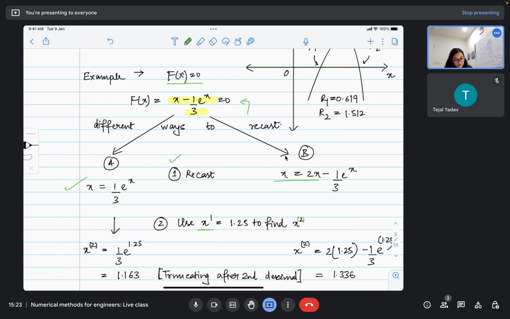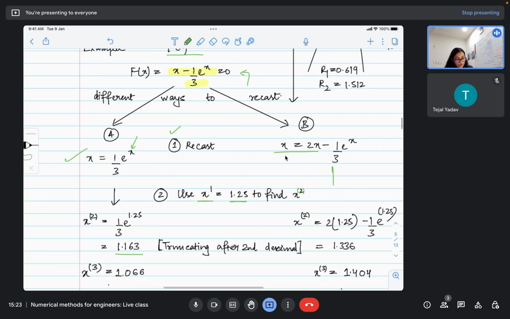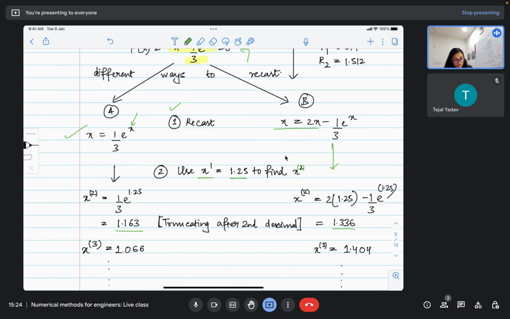Okay, you just place this value for type A in this x place, you just keep 1.25 and you get the second iterative value of x. And similarly for the type B, you again place 1.25 and get the second iterative value of x. Okay. And here for the benefit of explaining you, I'm truncating, not rounding up, truncating this at the third place of decimal.